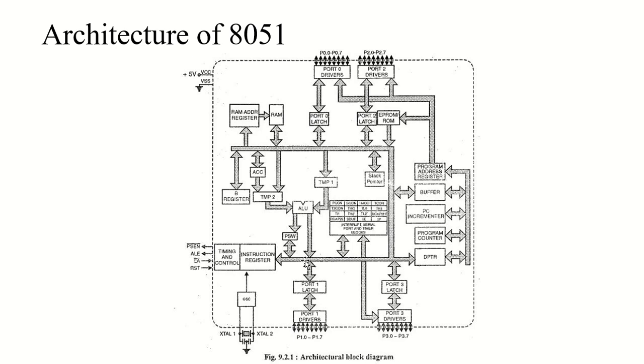In such cases the overflow flag will be set. Then we have the parity flag, which will be set when the result has even parity, like an even number of 1s. So it's pretty self-explanatory, very easy to understand.